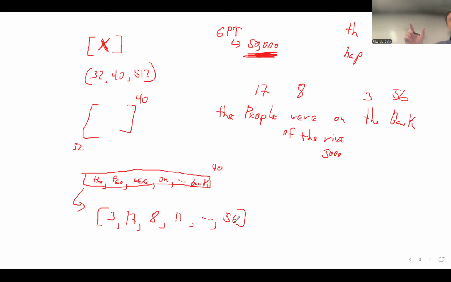So every sentence of size 40 is just a list of integers coming from some vocabulary that I've created. There's an algorithm for this called BPE. That's not what we're going to cover right now. Just assume this works. Give it all the text and it produces a vocabulary of 50,000 words, or subwords, and each one has an integer. Everyone with me so far?